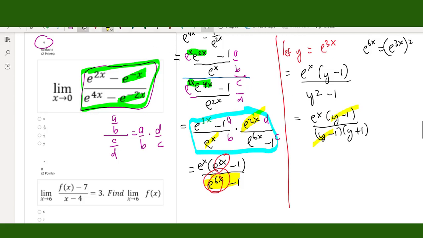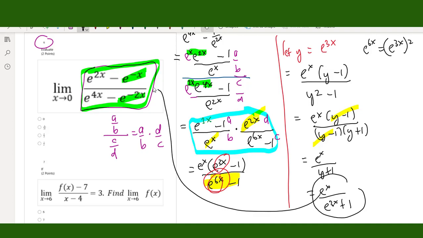Now you get that one is equal to e power x over y plus 1, or e power x over e power 3x plus 1. So we take this one and substitute, replace here. Now we're going to find the limit as x approaches 0.